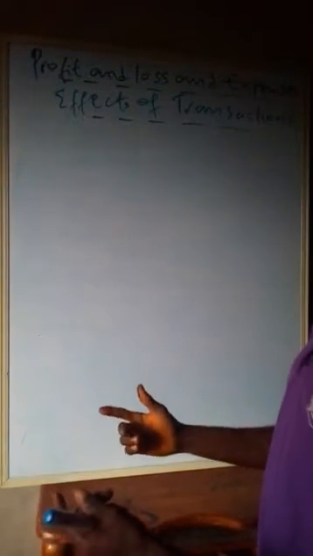What is the effect of a single transaction? That is, a single transaction gives rise to two effects. Like you have a postage stamp, payment of postage stamp. So in that case, expense of postage stamp has increased. Payment made, that means money you have in the bank has reduced.